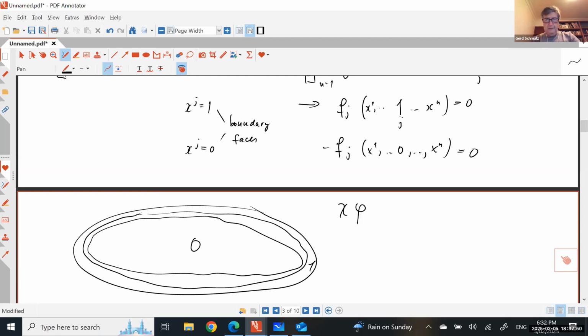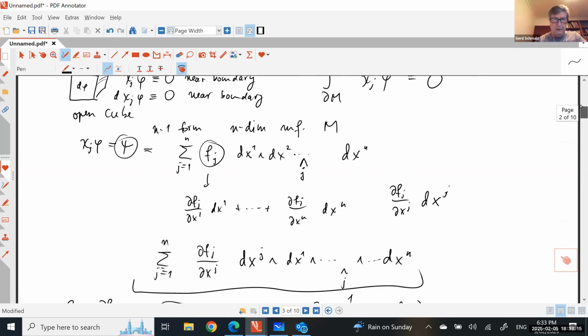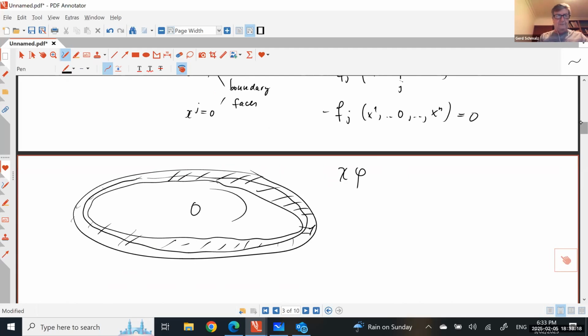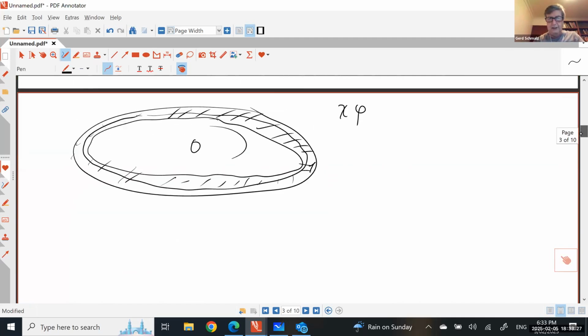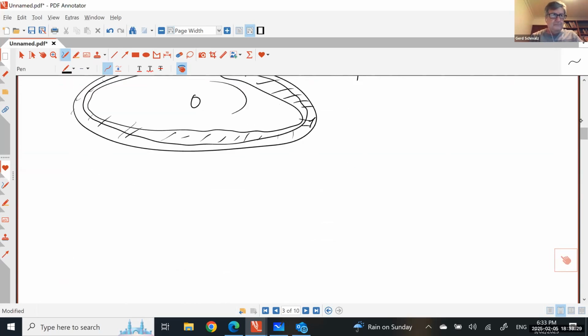So we multiply that. Then for the integration, only this part matters. This part inside does not matter at all, because everything which is not close to the boundary can be covered by charts which are not boundary charts, and that does not contribute to the integral. So the integral is really, in this case, something which happens at the boundary.